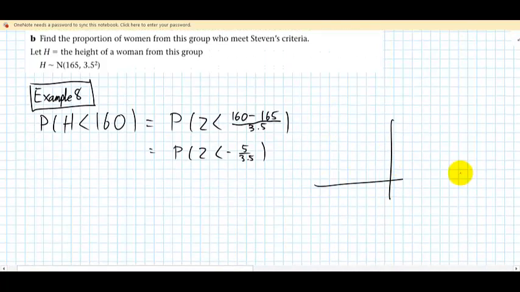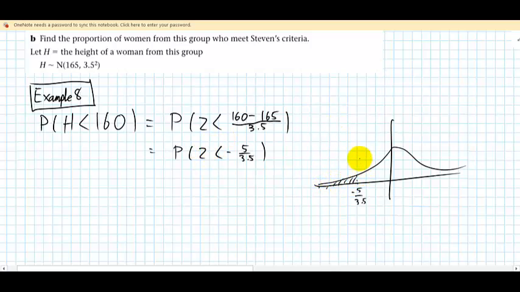If we sketch this on the graph, we have a negative number, minus 5 over 3.5, and we want the z less than that, so it's the probability to the left of this value. So we're going to have to use symmetry to reflect, changing the sign to 5 over 3.5.